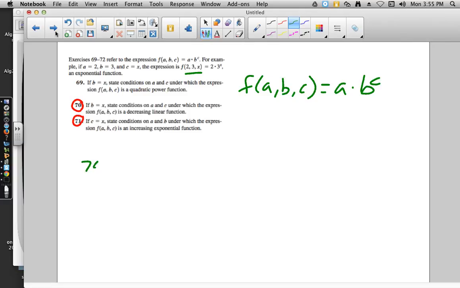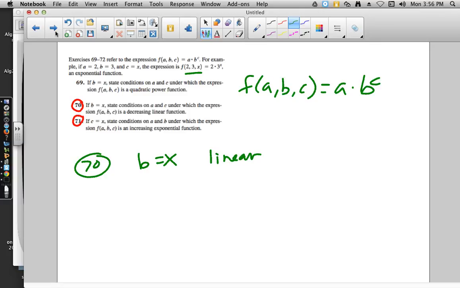So for 70, it says if b equals x. Well, if b equals x, then this has to be a linear situation.